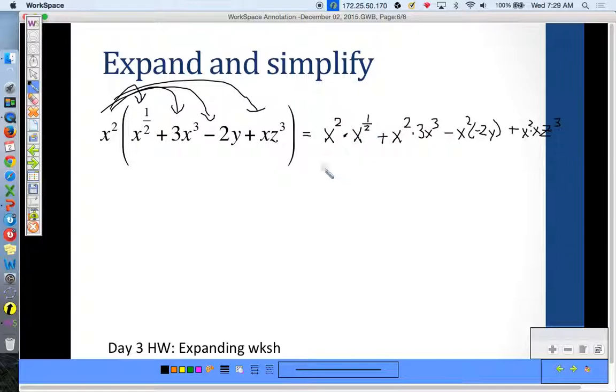So we add our exponents, so x to the 2.5 plus 3x to the 5th, minus minus, so plus 2x squared y, and that would be plus x cubed z cubed.